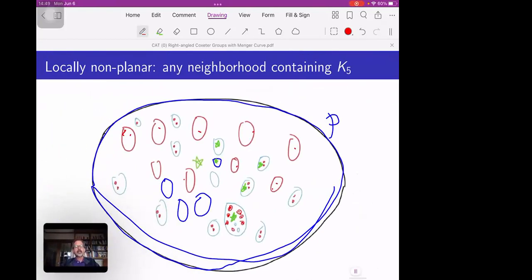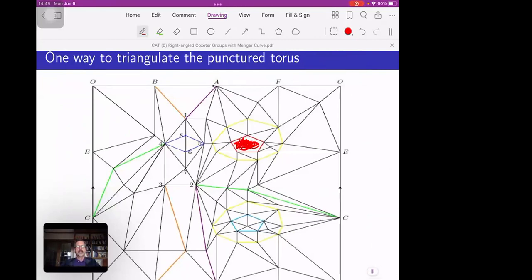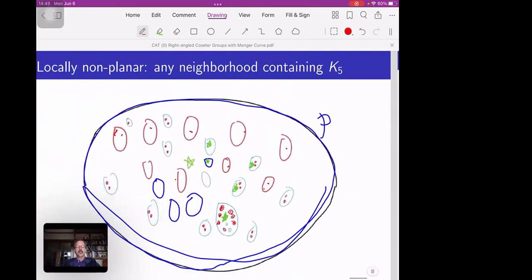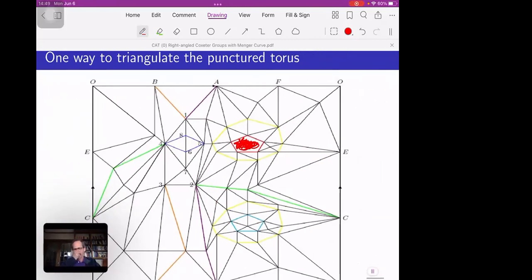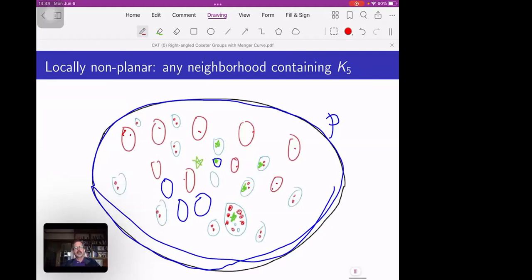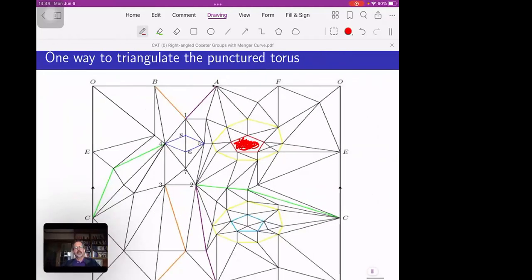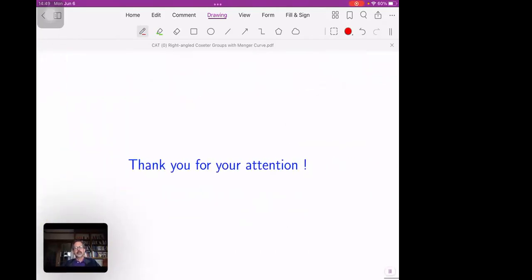With this triangulation, we can prove that the visual boundary for this Davis complex for this punctured torus has no local cut point and is locally non-planar. Thus, it is the Menger curve. Okay, thank you for your attention.